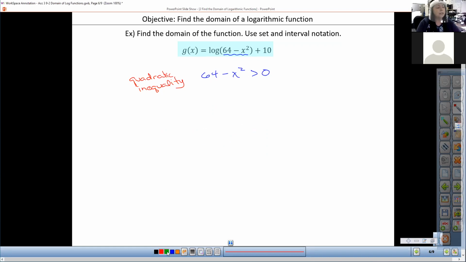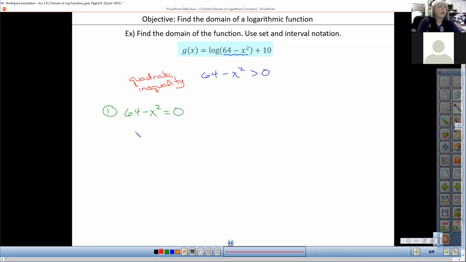What happens with a quadratic inequality, this is kind of a two-step process here. The first step is to figure out where the expression of 64 minus x squared would be equal to 0. Now, when you're doing this, you can use your basic undoing algebra with an equal sign. You cannot use it with an inequality symbol.